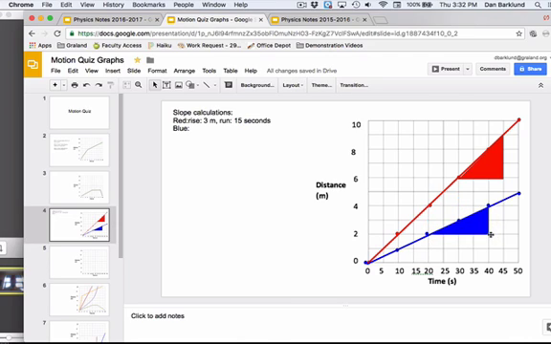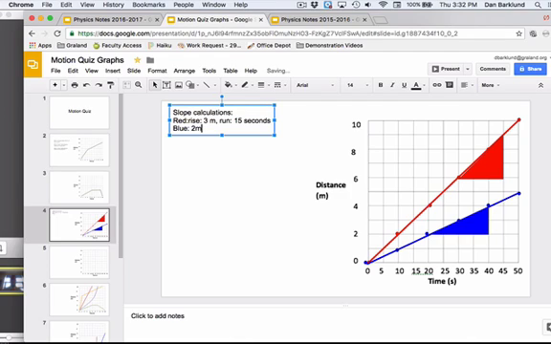Over here, I see a rise of 2 meters, and a run that was 20 to 40, so 20 seconds.